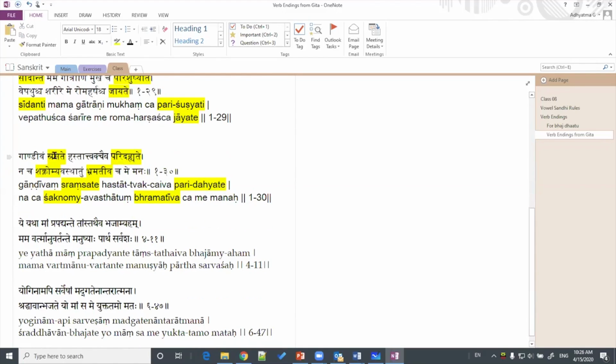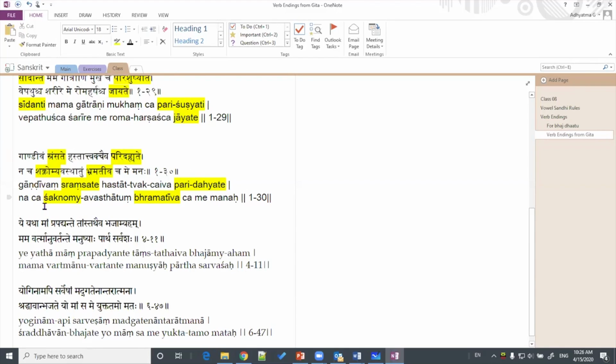Srasate, you see this verb form, srasate, it is the same as bhajate. So third person singular, Atmanepadi. Paridahyate, again, Atmanepadi, third person singular.